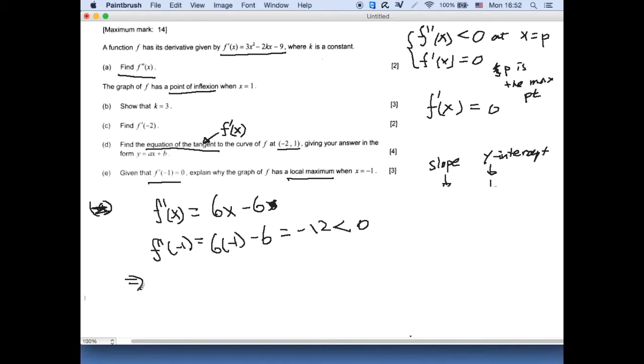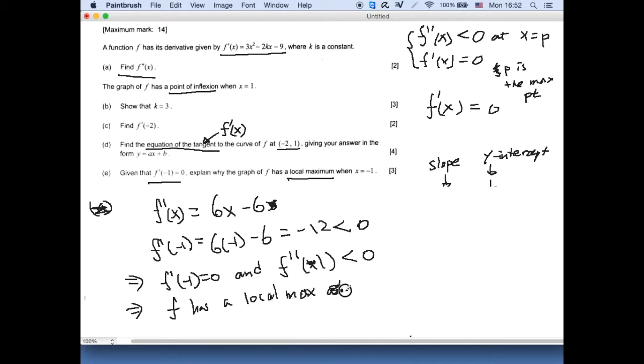So we can claim that f prime negative 1 equals 0 and f prime prime negative 1 is less than 0. As both conditions are satisfied, we can say that f has a local max when x equals negative 1. That's the application of the second derivative test.